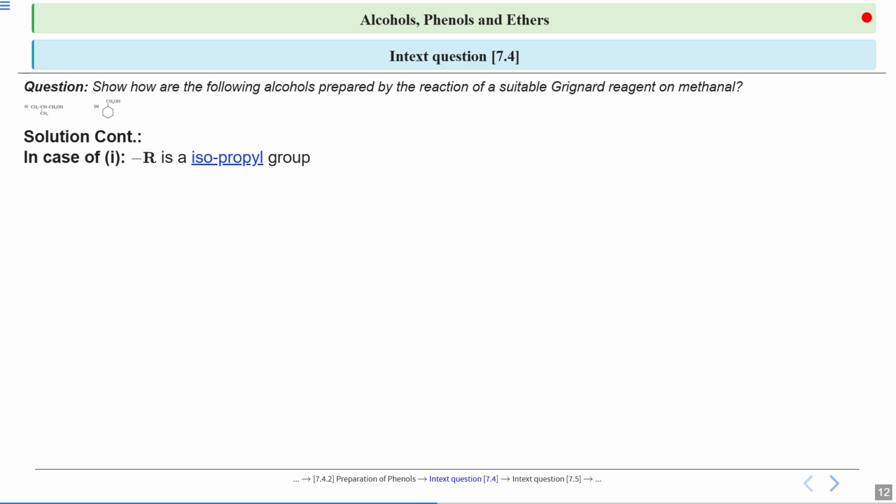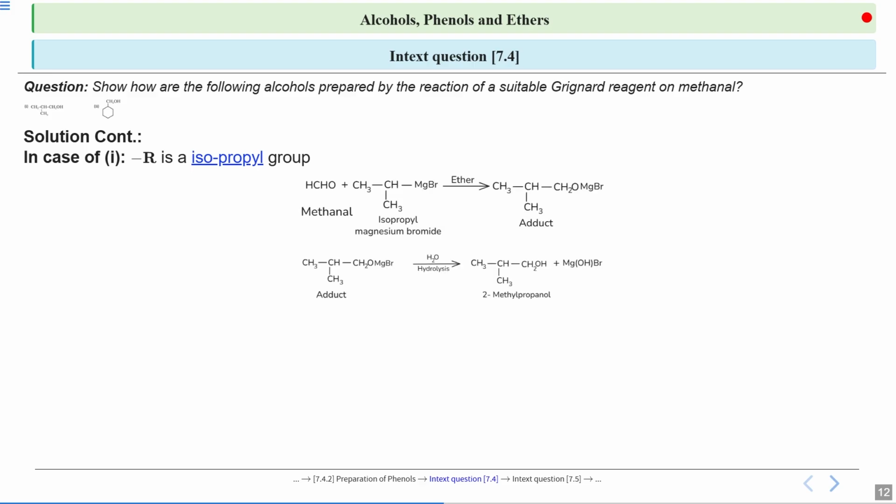So in the first part of this question, the alcohol given has the R group as isopropyl. So you can see that when the methanol, or you can say formaldehyde, reacts with the suitable Grignard reagent, which in this case in the first part is isopropyl magnesium bromide.